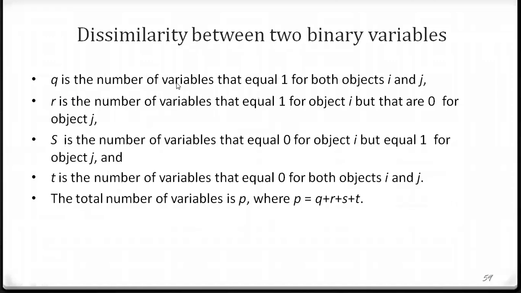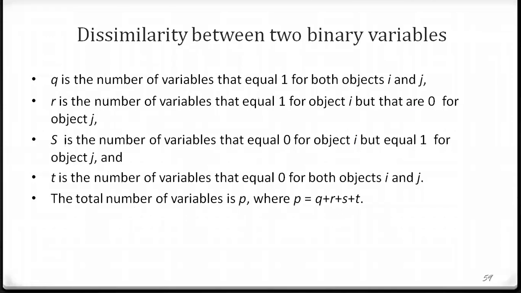So q is the number of variables that equal 1 for both objects i and j, and r is the number of variables that equal 1 for object i but 0 for object j. s is 0 for object i, 1 for object j, and it goes on. The total number of variables is p, which is equal to q plus r plus s plus t.